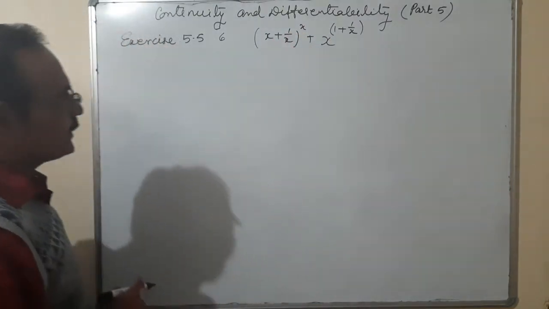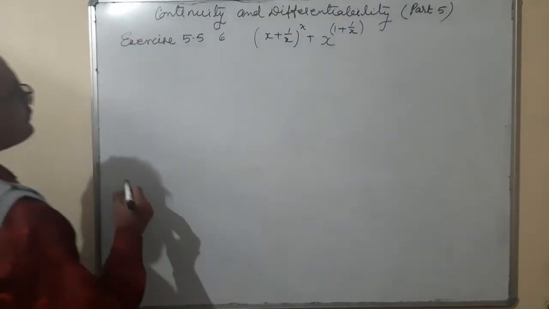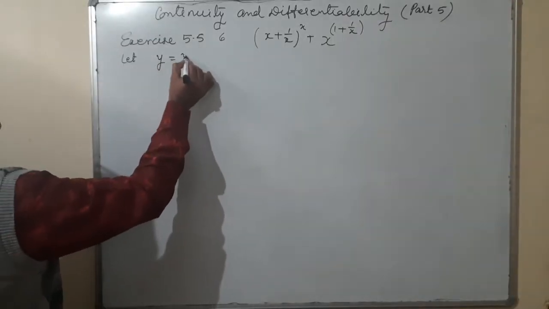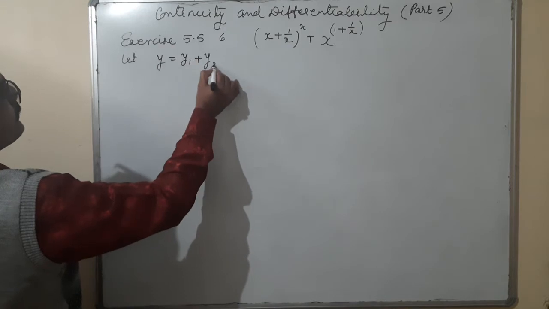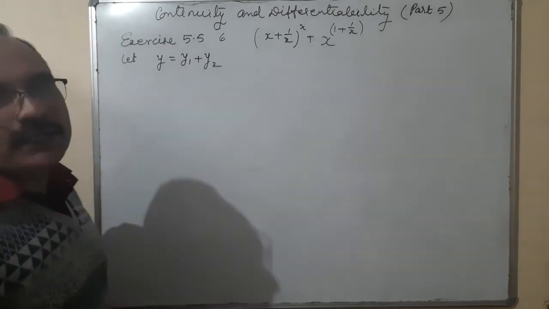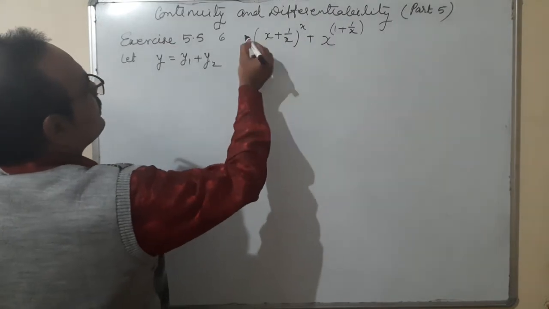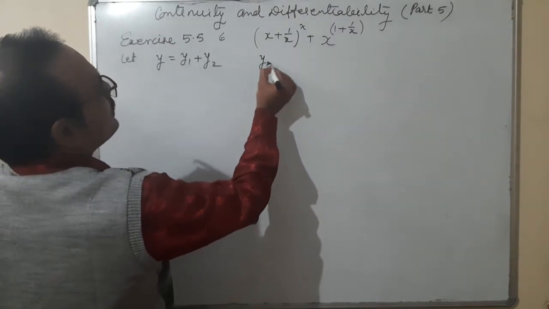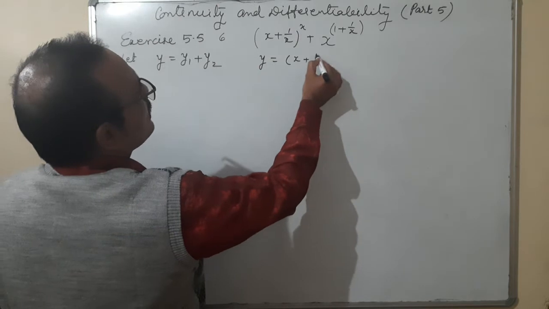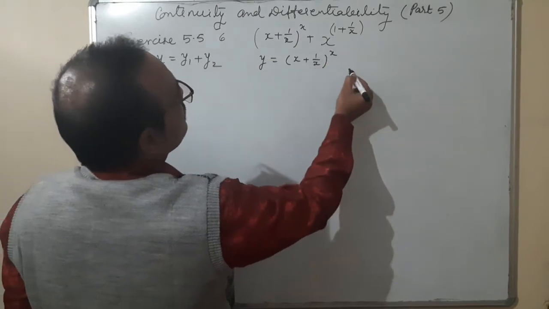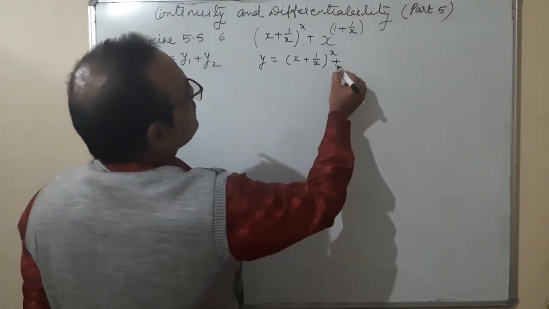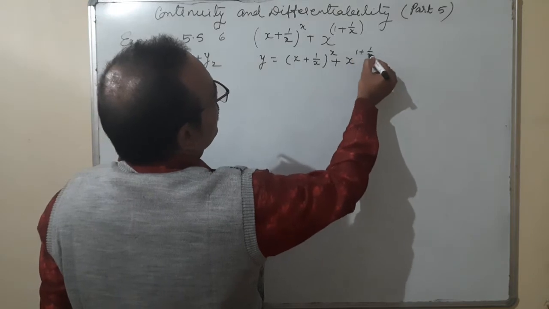So here what should be done? Let us consider y = y1 + y2. Let y = y1 + y2. Here y = (x + 1/x)^x + x^(1 + 1/x).